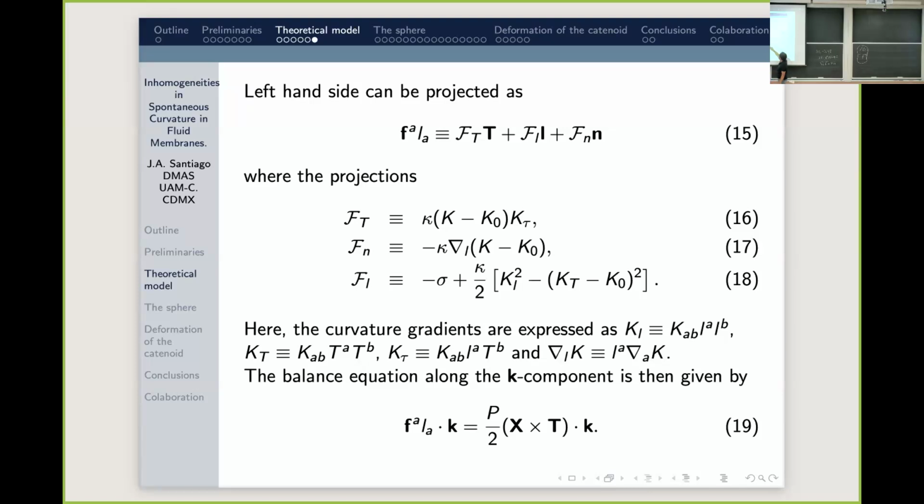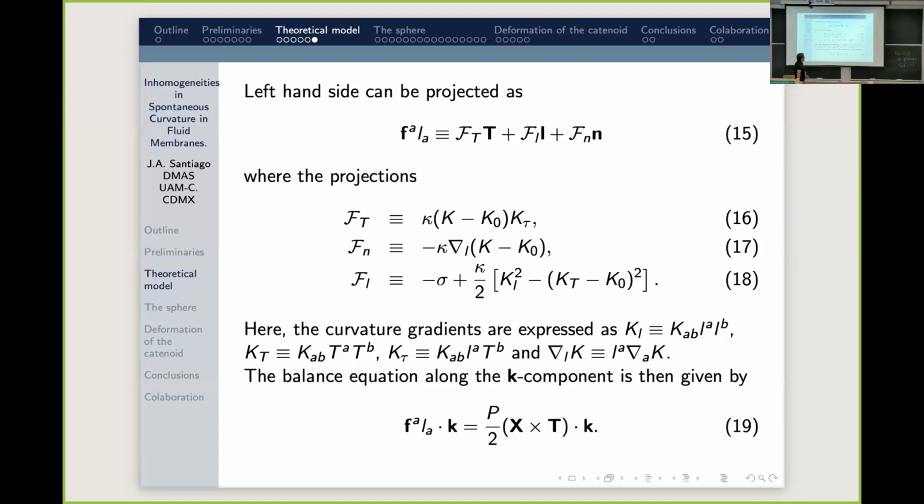In this case, we have new definitions of KL, right? The projection along the L, and the projection along the tangentials, this product and this derivative, right?